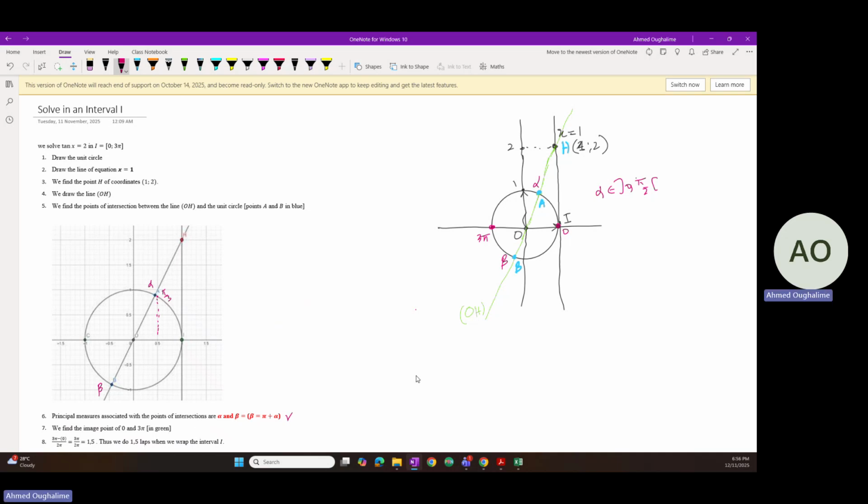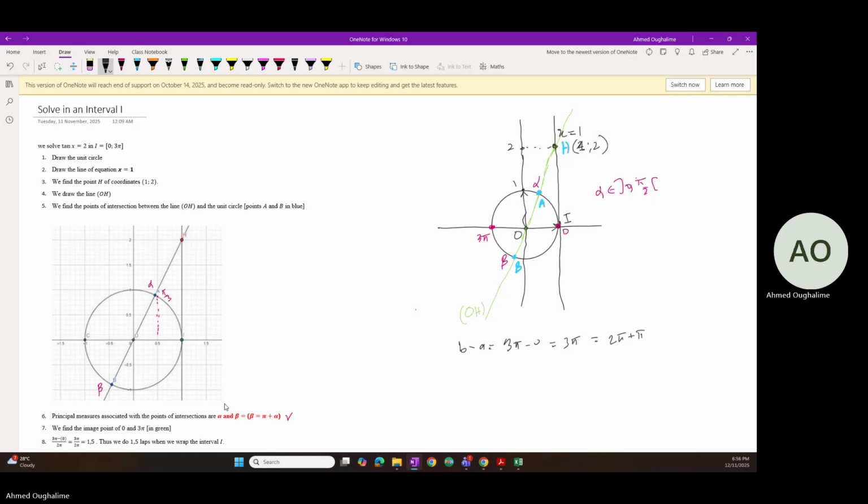Then I do the difference b minus a, which in my example is 3 pi minus 0, which is 3 pi. And this is 2 pi plus pi. It means that I would do 1 lap and a half.